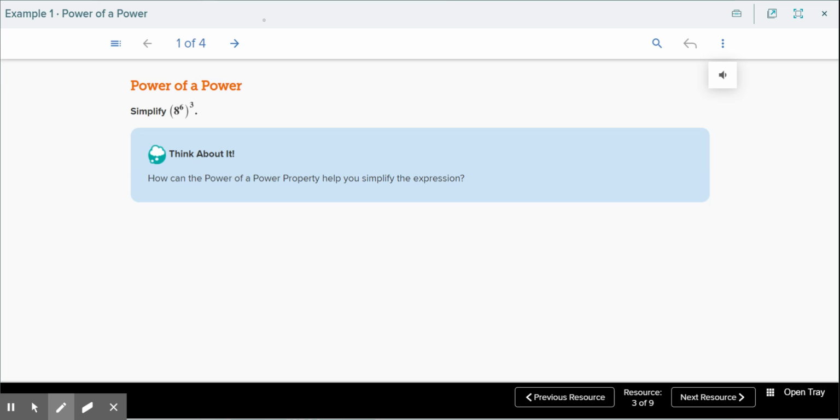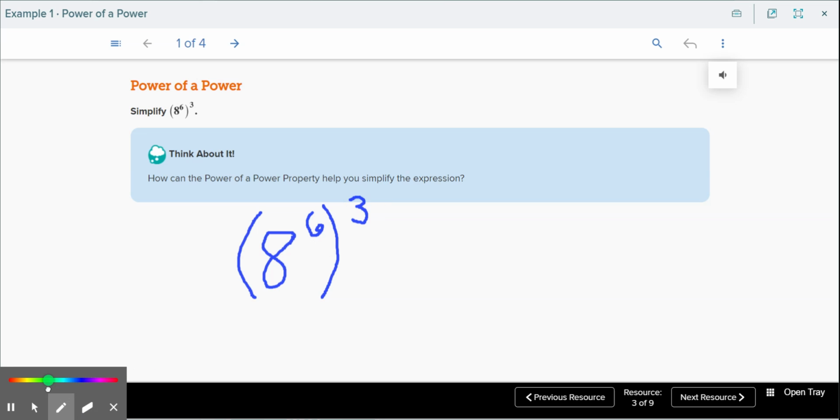So on this first example, right here is what we call a power of a power. We have 8 to the 6th power, and then on the outside of that parentheses, that whole value is then being taken to a second exponent. So this is where the name of the property comes in, a power of a power, because we have an exponent to another exponent, or we could look at this as a double exponent.